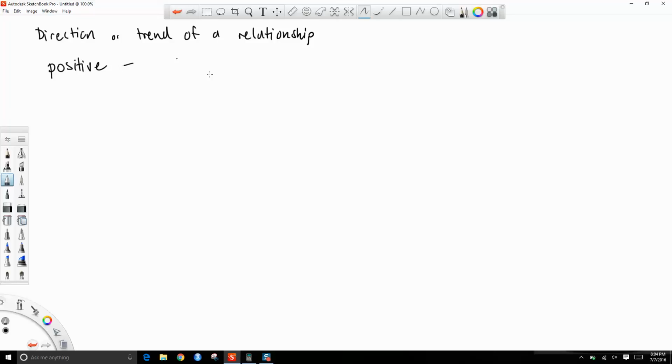So positive means in general, and everything we say here is in general, large values of x are associated with large values of y.